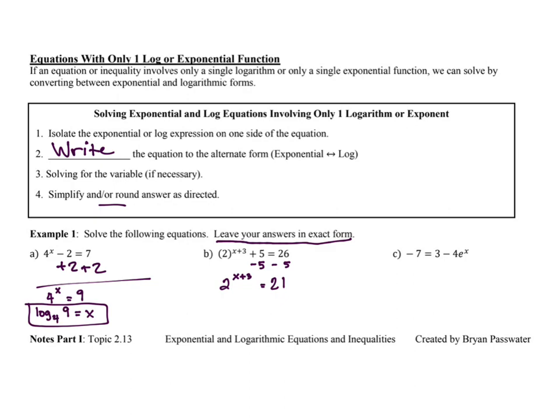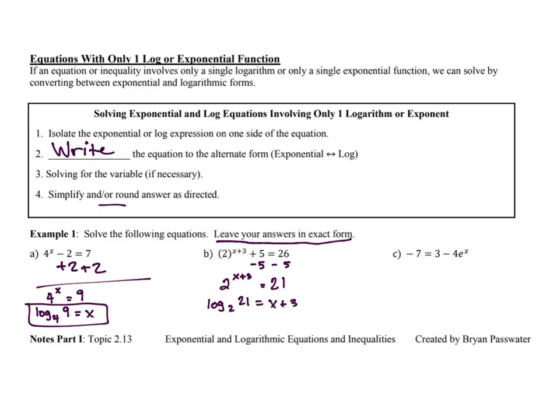Right. Do not divide by 2. That's not how we handle this. I'm trying to set you up for a trap. No, don't divide by 2. Let's do a logarithm. Log base 2, my base is 2, of 21 is x plus 3.